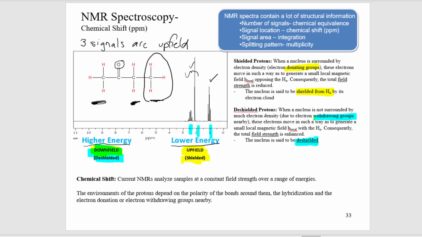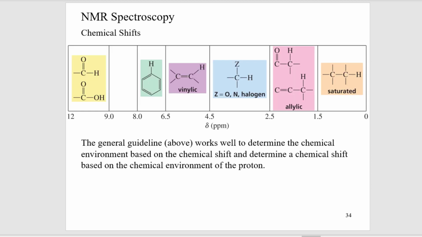Relative to one another, you could hypothesize this based on proximity to the withdrawing group, which deshields the nuclei. But to get down to the precise ppm, no worries. There's going to be a chemical shift chart that I'll give you that you can use as a tool, just like you had an IR chart that you could use as a tool.